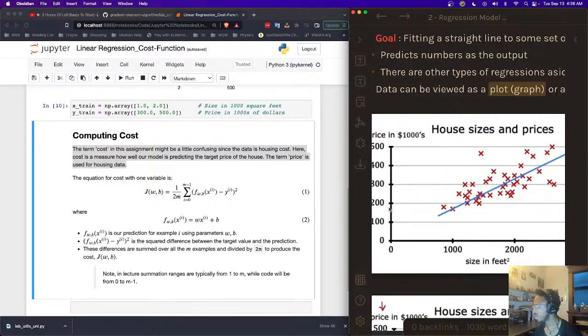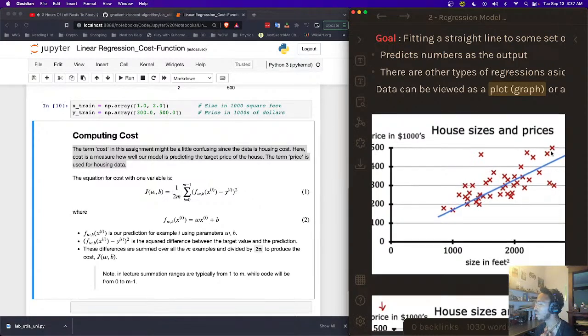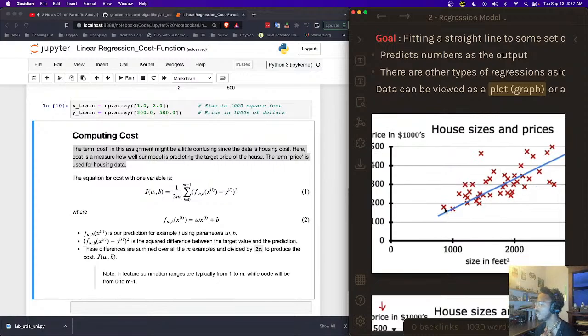So for this one, this would be maybe 180, 175, and then the same position along the regression line is probably like 150. So the difference between those two numbers would be like 25 or 30, right? That number, the difference between the y of the plot point and the y of the regression line, is called the cost. Well, the cost is that number for all of these points added up together. That's the cost, and for any single point, that's the error of that point.